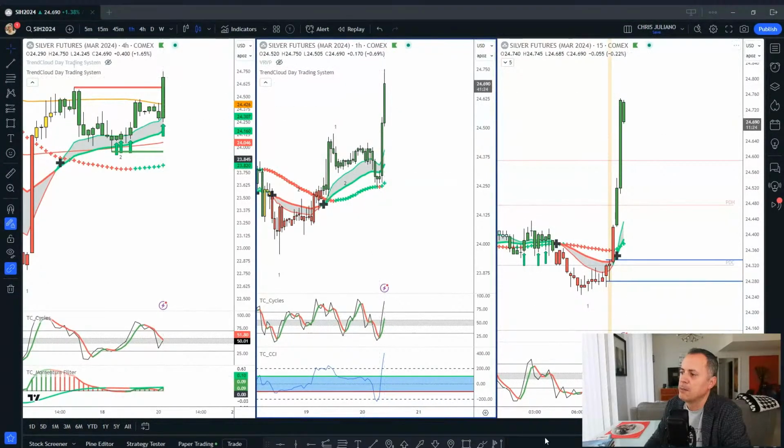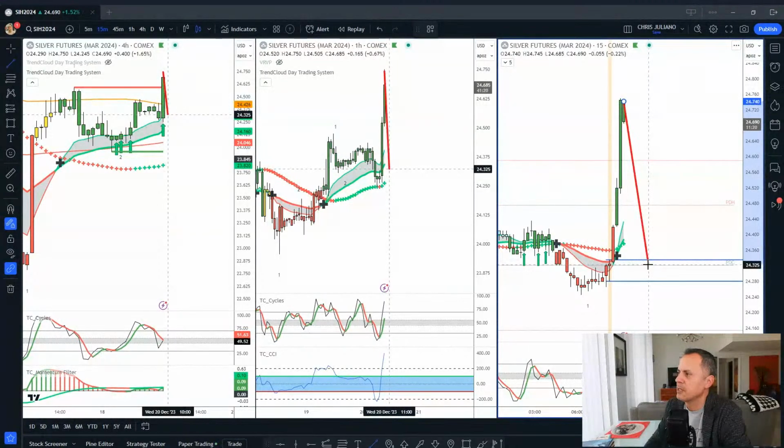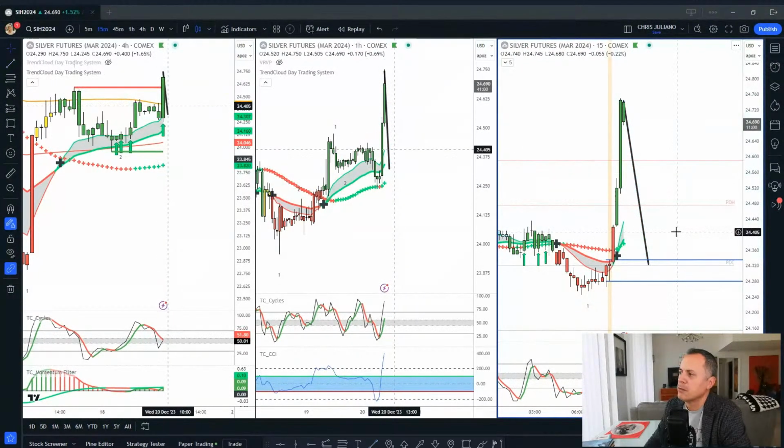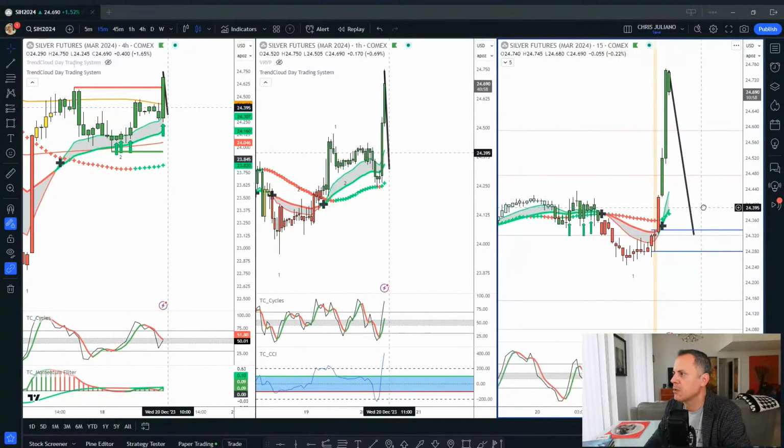So the pullback on silver into here, okay, or it might not even reach all the way down here, right? But if this pulls back quickly enough and hits that retest of the opening range, now we've got something. Now we've got something worth taking, don't we?